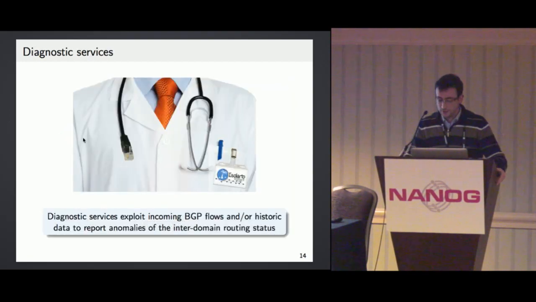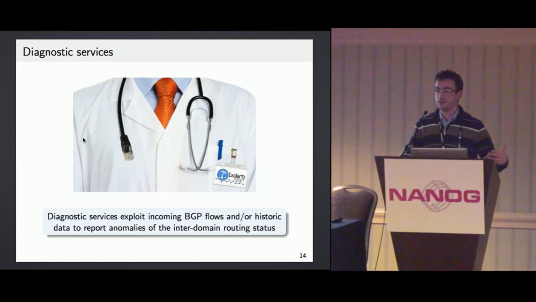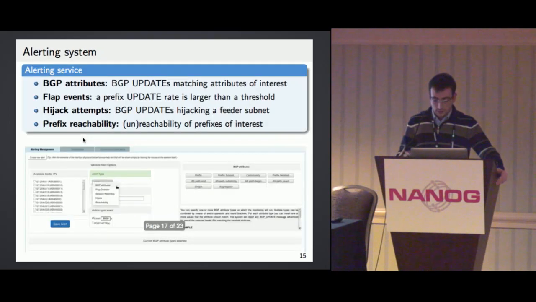Another class of services is the class of diagnostic services. These services have the purpose to enable a user to be informed about network anomalies without the need of being directly connected to the Isolario website. So the first of these services is the alerting system.